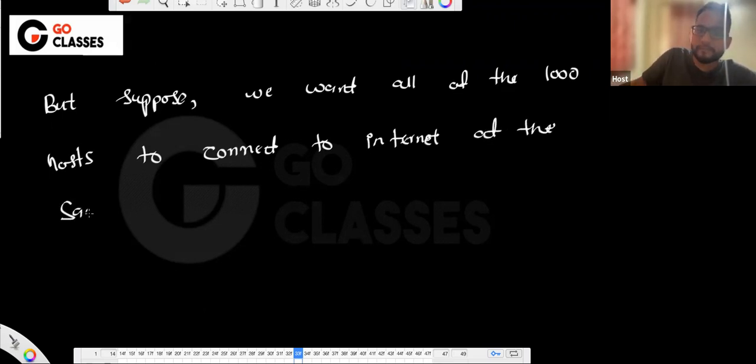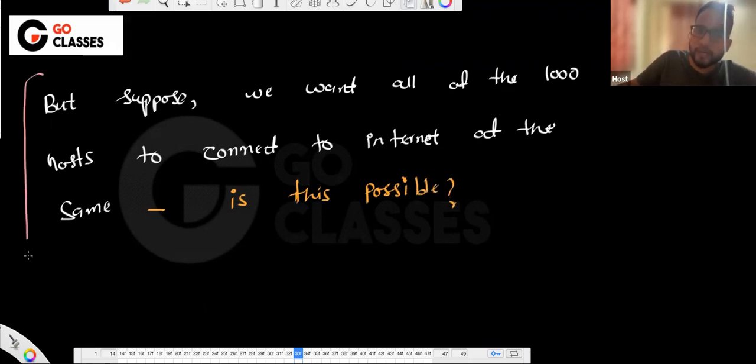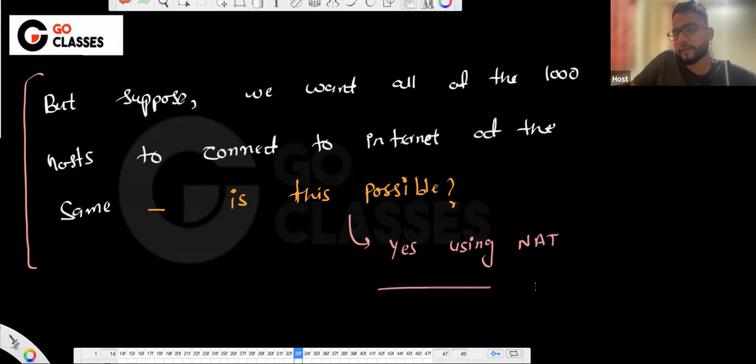Is this possible? Just tell me. If you just have one IP and you have 1,000 hosts, can those 1,000 hosts connect to the internet at the same time? Then the answer is yes, using network address translation. Okay, NAT table.